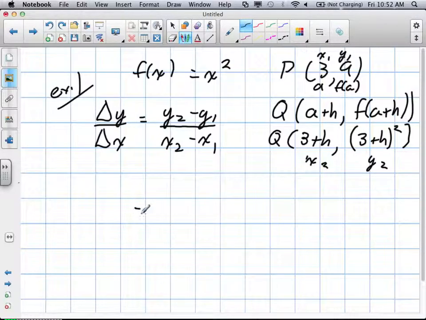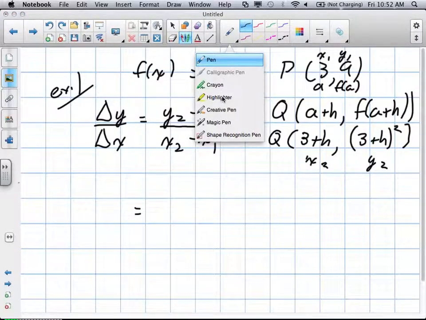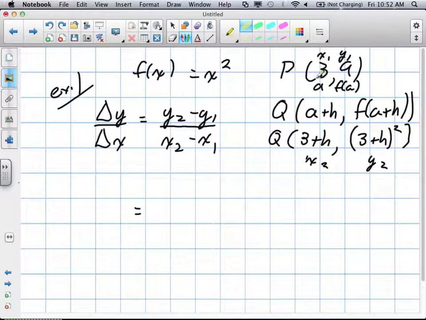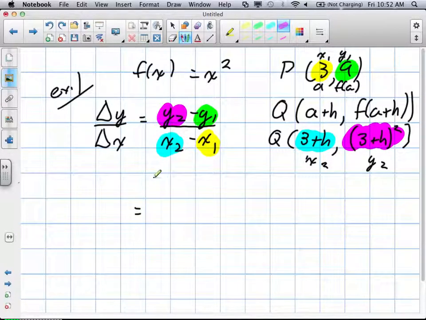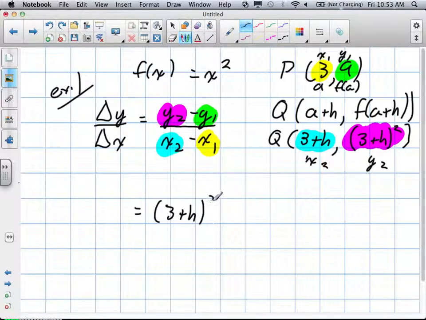Okay? So what we're going to do now, we'll highlight them so you guys can see similarities here. Here's my x1. I'm going to replace my x1, y1, x2, and y2. We're going to plug these values into our formula. When we go to plug it in, we're left with 3 plus h squared.